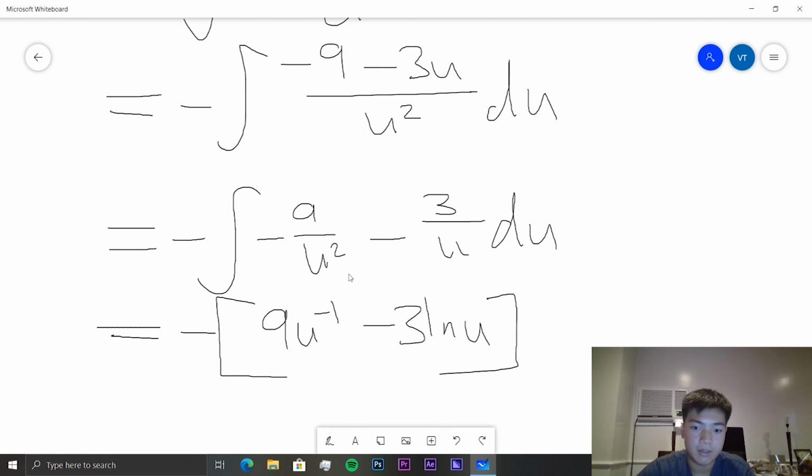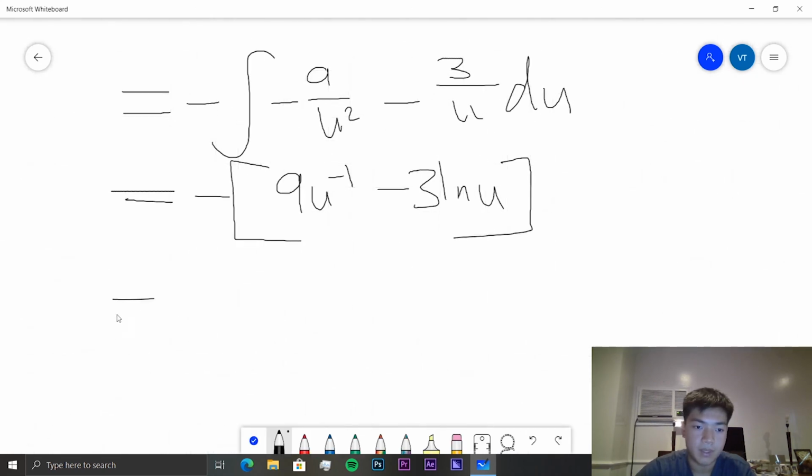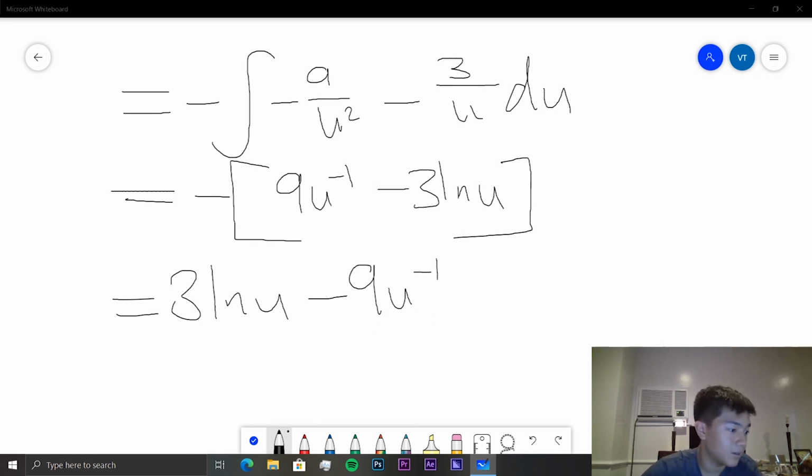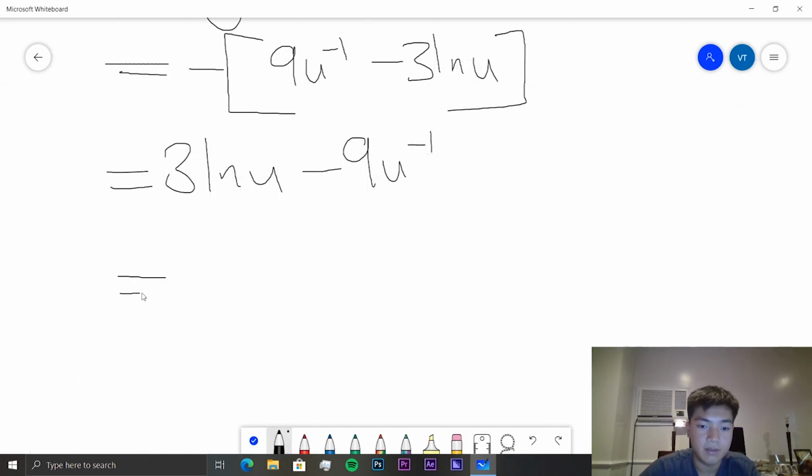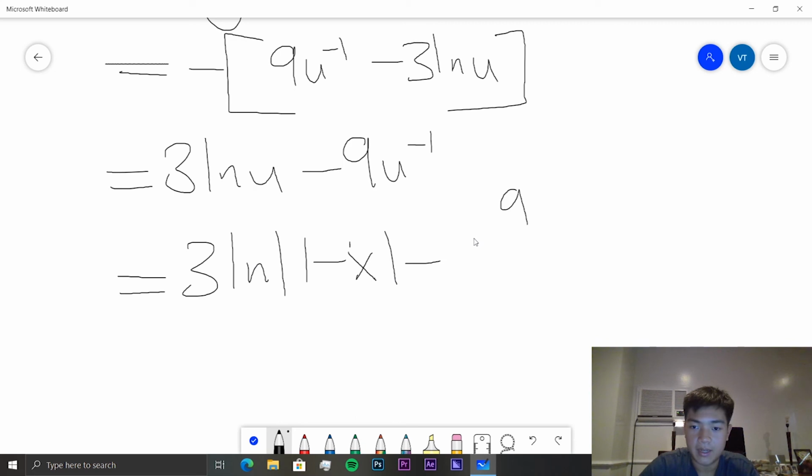So this is simply equal to 3 ln u minus 9u to the -1. Of course we want to convert this back into x. So this is 3 ln (1 minus x) minus 9 over (1 minus x) plus c.